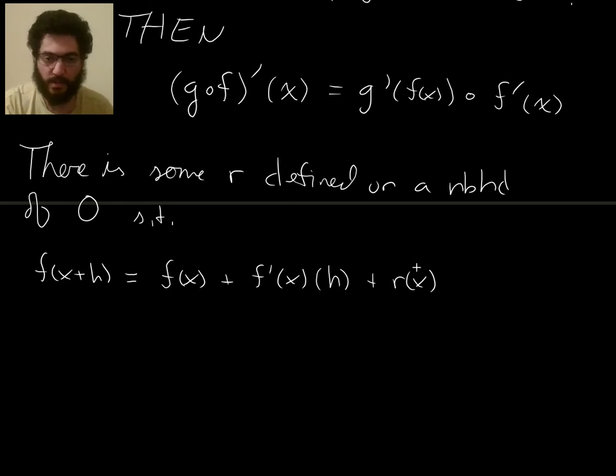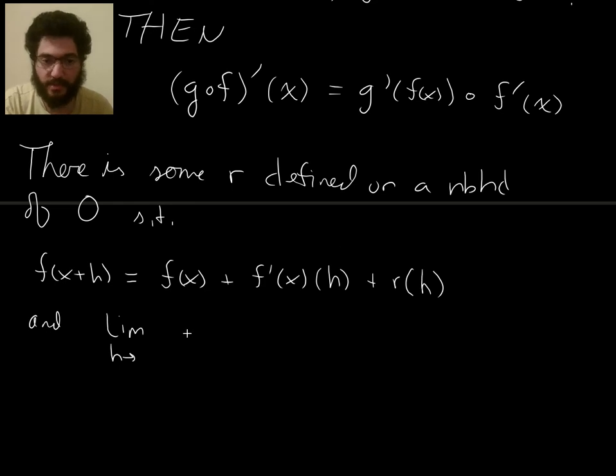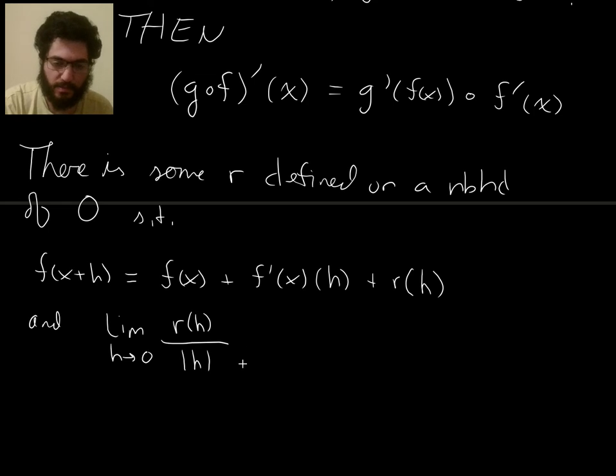So you can think of r as being defined by this equation. You could always define r by this equation, but what makes f differentiable at x, sorry, this should say r of h, not r of x, is that r of h over norm h limits to 0.